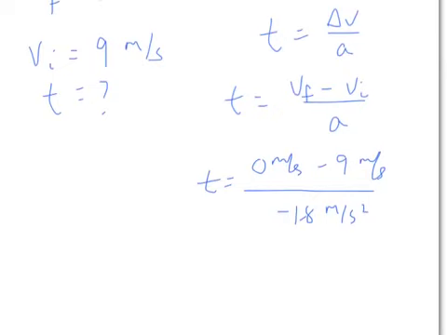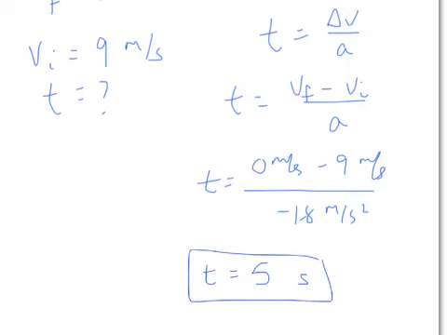It's going to be negative 9 over negative 1.8, which is 5 in the units of seconds. We know our units are seconds because we can cancel meters with meters. Seconds are one of those seconds, leaving seconds behind, but it's in the denominator of the denominator, which technically moves it up to the numerator, which is our seconds there.